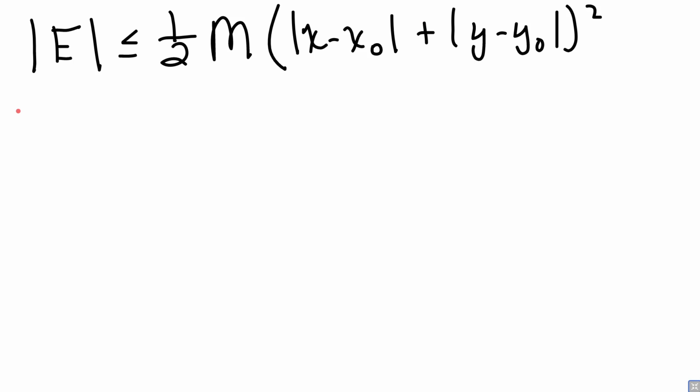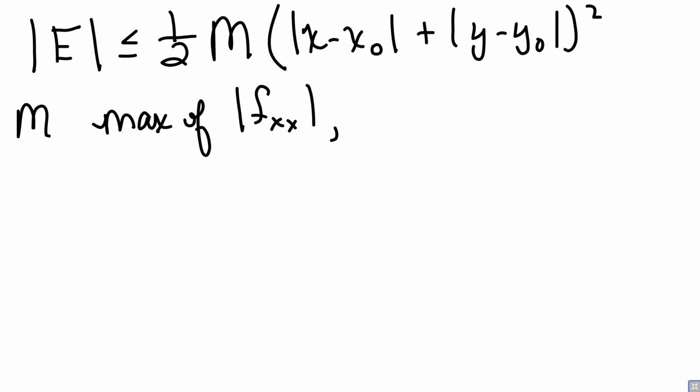Now, M stands for the max of the second order partials. So the max of f sub xx or f sub yy or the absolute value of the mixed partial. Whichever one of those gives me the maximum value is going to go in for M. Any questions?